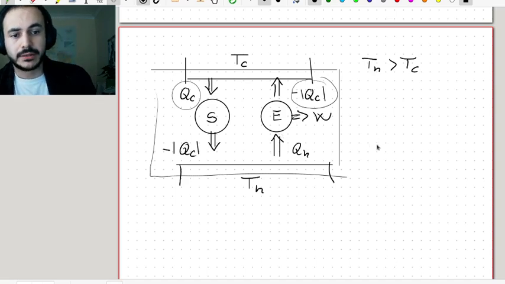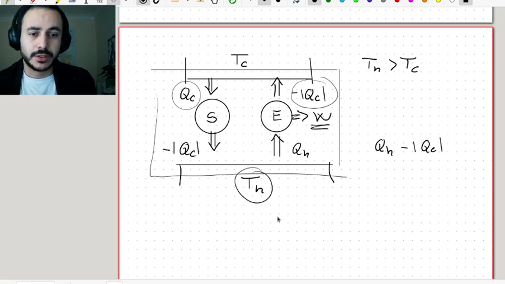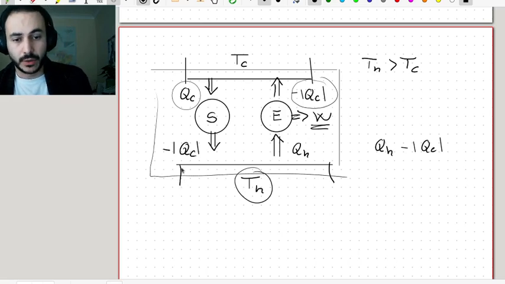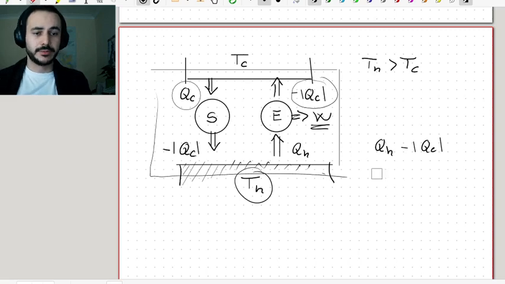But in contrast, I have absorbed heat QH minus QC from the hot source. Okay, and I am producing some work out of this process. So what I'm doing is taking heat from a given heat source at some definite temperature and transforming all of that heat into work. The amount of work that I'm performing is exactly equal to this imbalance, because that's what we saw before that an engine does.